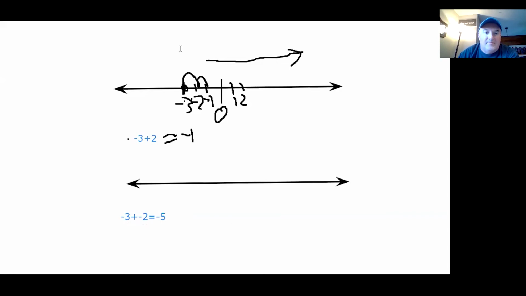I am artistically challenged. I will be the first to admit it. 1, 2, 3. Gosh. 1. I give up on this one. All right. So we start here at -3.